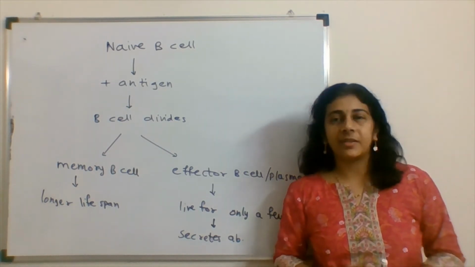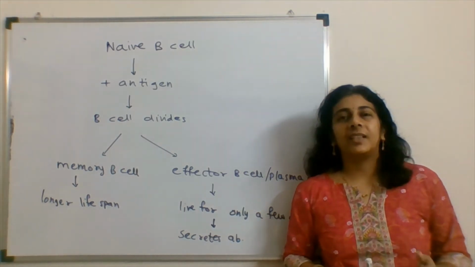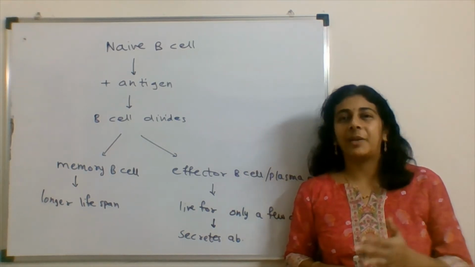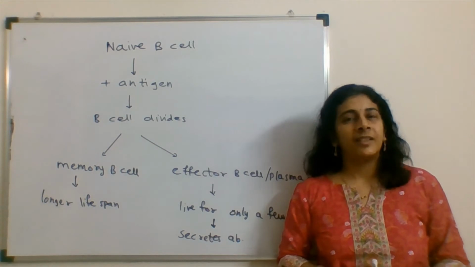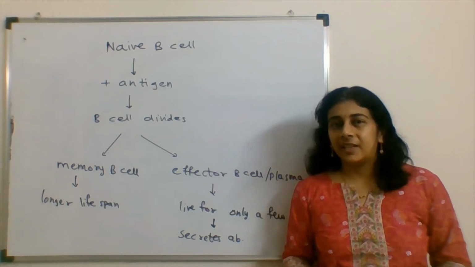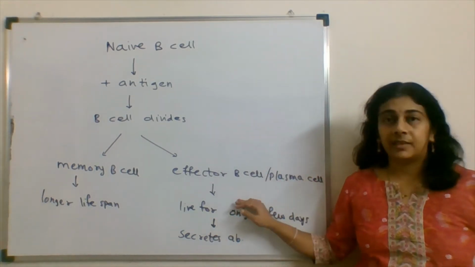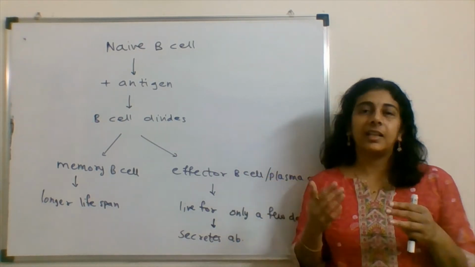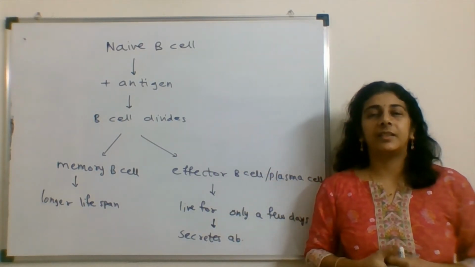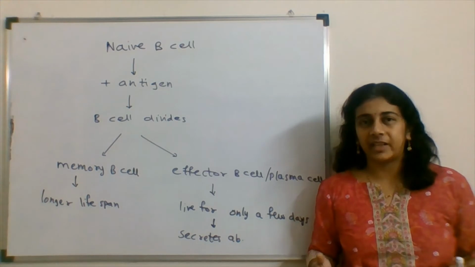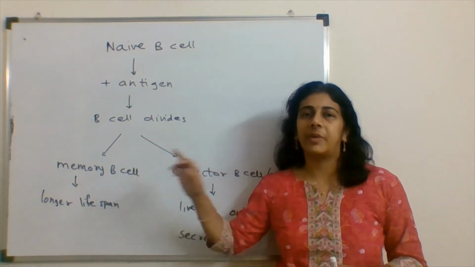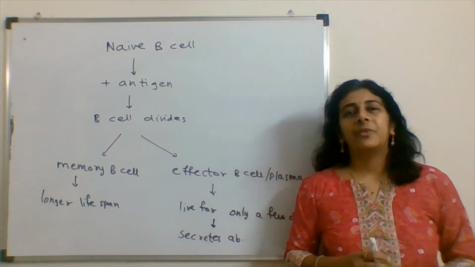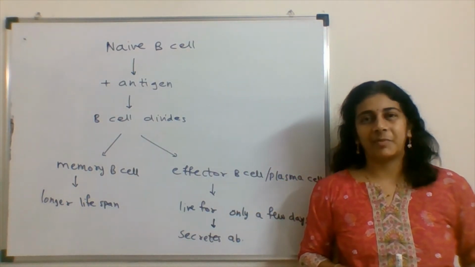In our last video, we saw that specificity and memory are the two attributes of adaptive immunity. So the B cell can have a specific type of antibody for different antigens, and simultaneously it prepares memory B cells for memorizing the immune response.